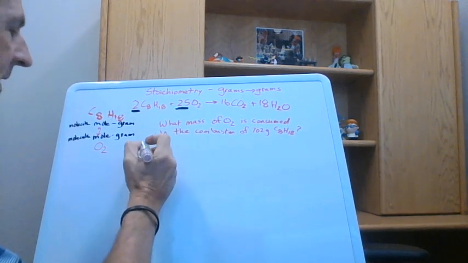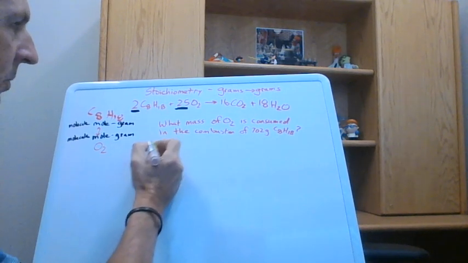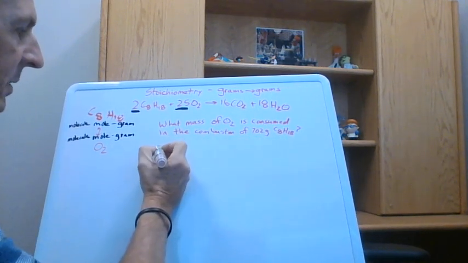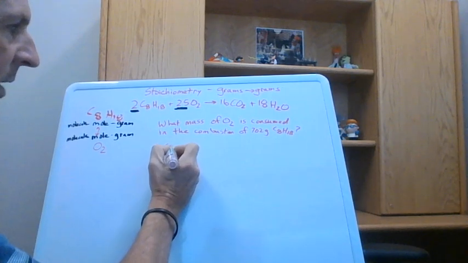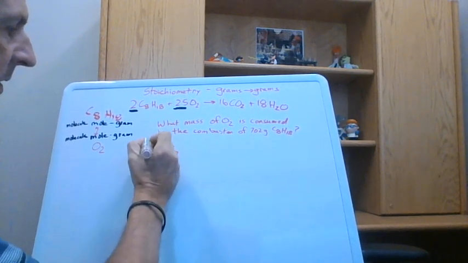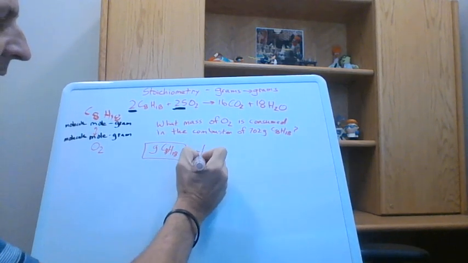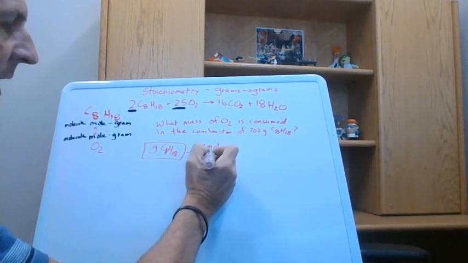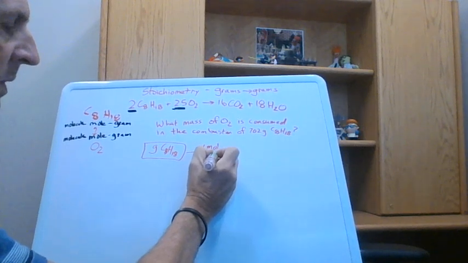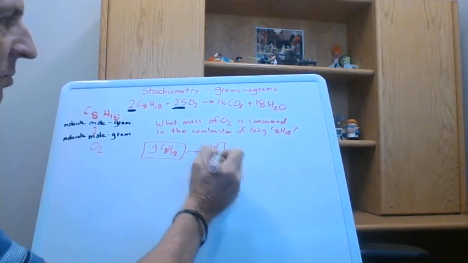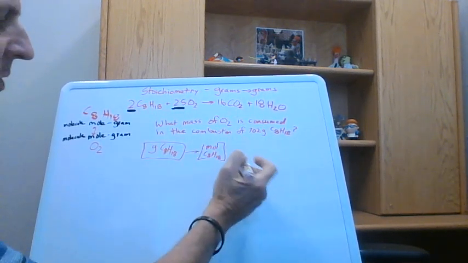So again, if we're drawing our kind of roadmap, we're going to say that we're starting with grams of octane. And once we have grams of octane, then we can go to moles of octane. And once we have moles of anything in the equation, we can go to moles of anything else.